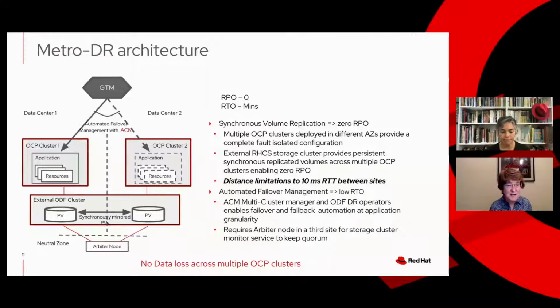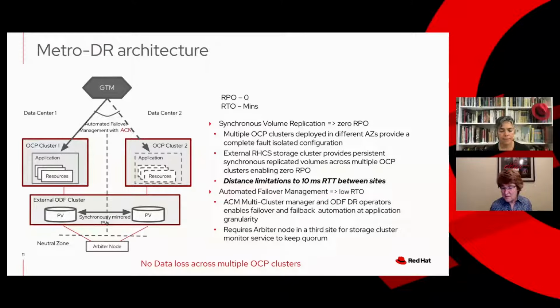That would cover any place you wanted to put it in the US. Or even if you had your data centers in the US and you wanted to put your Arbiter somewhere in, I don't know, London or something, or even farther, somewhere in Asia, you would still be good. Okay.